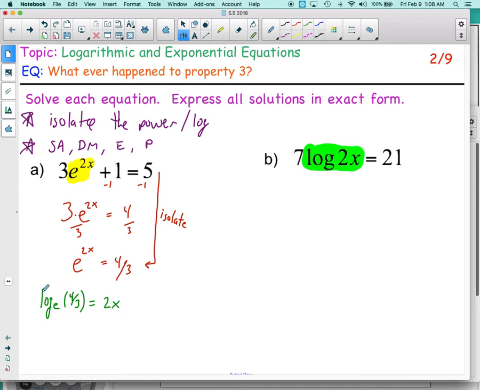Of course, we don't write log base e. We should be writing the natural log, ln, not "in," as I've heard some of you guys say. So the natural log of 4/3 equals 2x. So there is our transformation step.